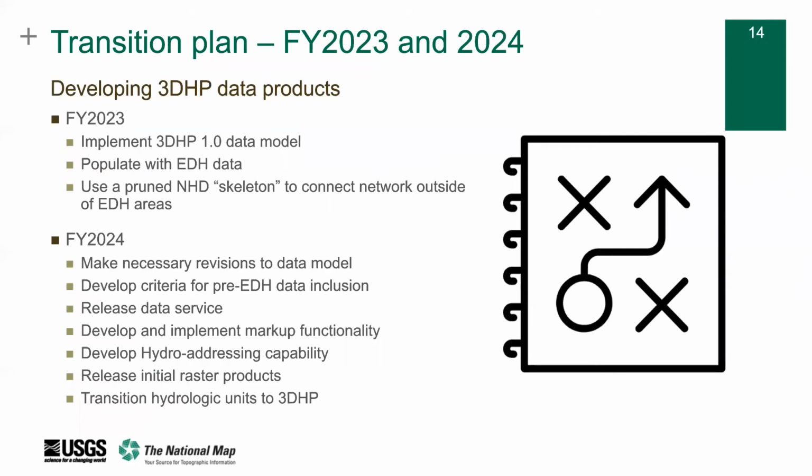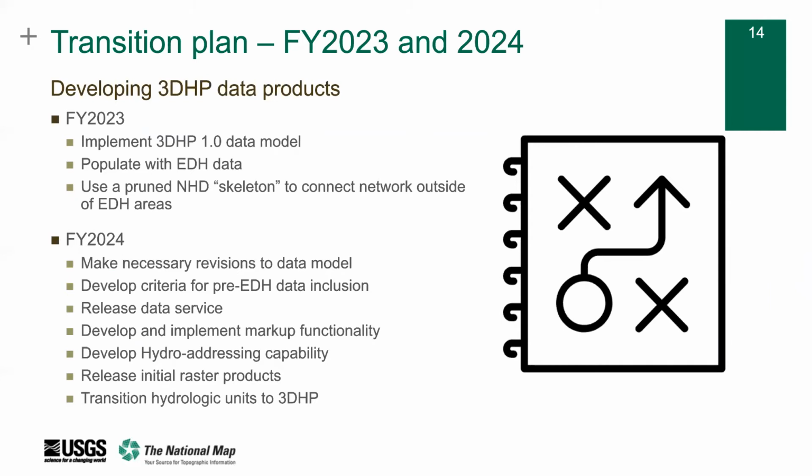So our transition period for this is really the next 2 fiscal years. So starting in about 6 weeks and winding up in about 2 years. But where we want to go with that, in '23 we are going to implement the first iteration of the data model, and we're going to populate that with elevation-derived hydrography data.